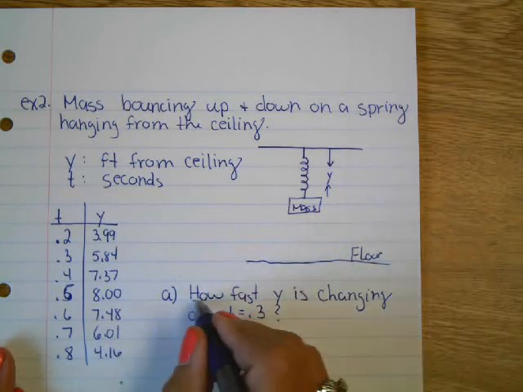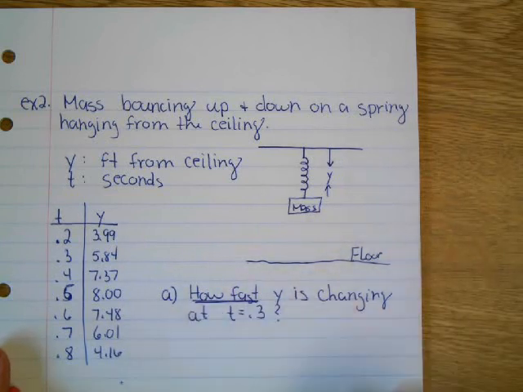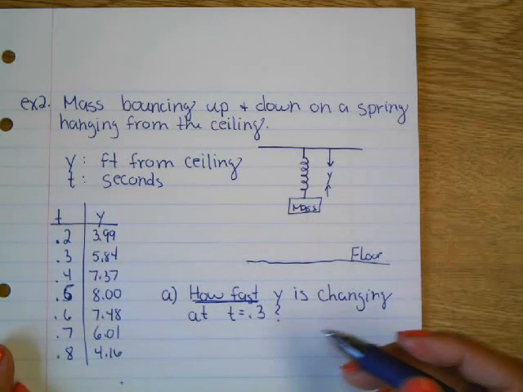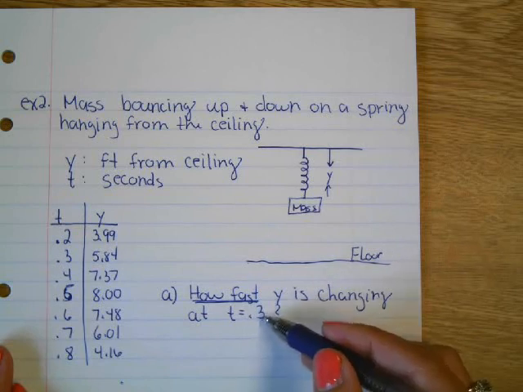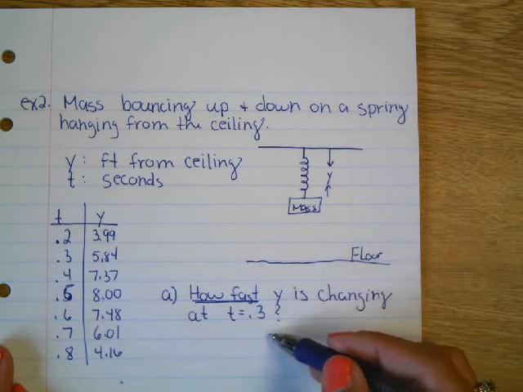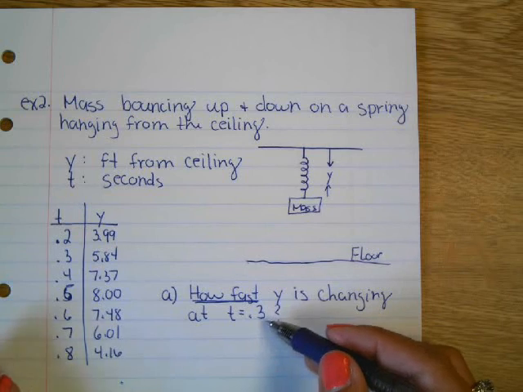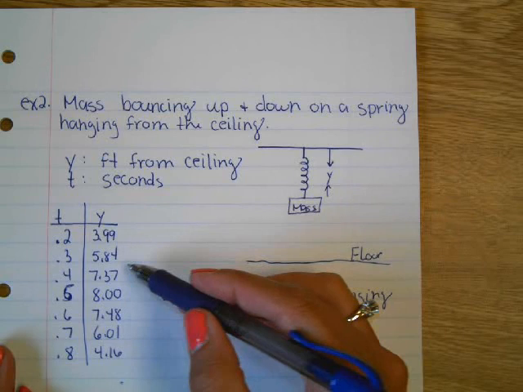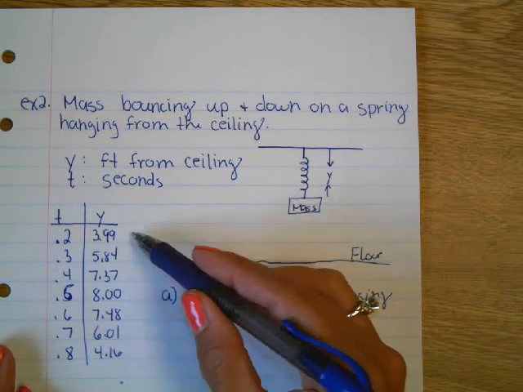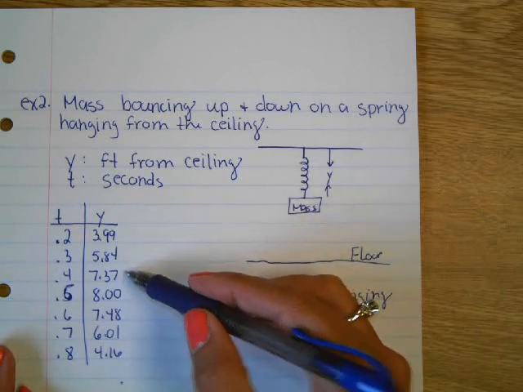Okay, how fast? That's your rate of change. That's our derivative. And yesterday we did derivative with a 2-point table. We would take like 0.3 and 0.31 or whatever. But today we're going to get a little more accurate. We're going to look at what's happening right before the 0.3 and right after the 0.3. And we're going to average that together to see what's happening as we pass through.